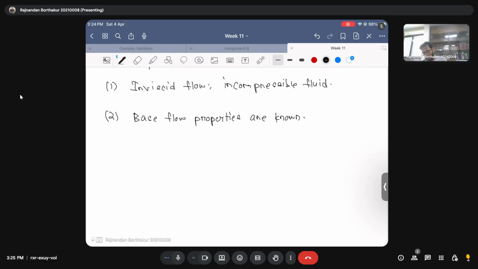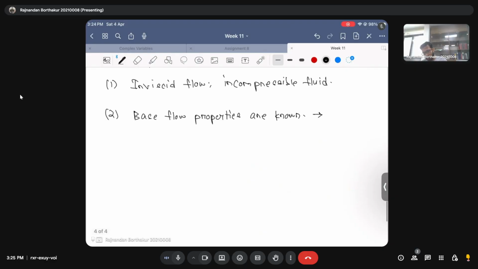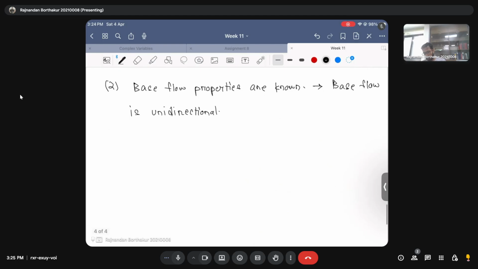And here we will say that the base flow is unidirectional. We can also assume, in addition to this statement, that the base flow is steady.